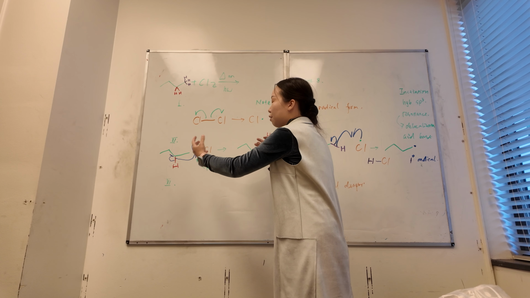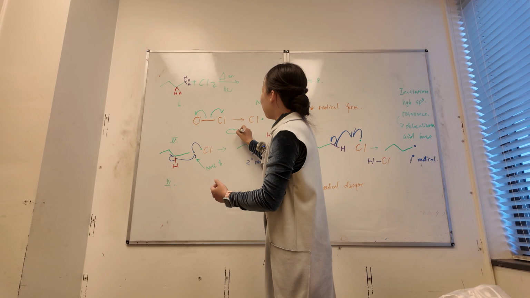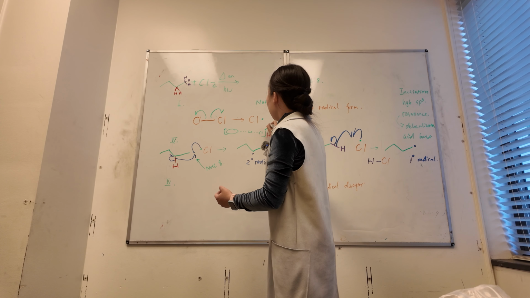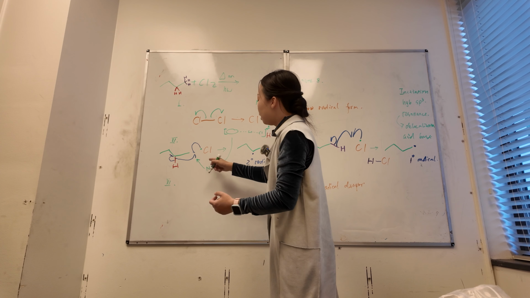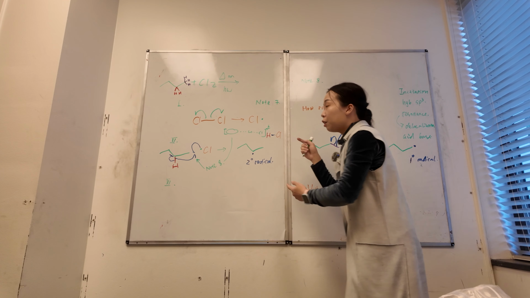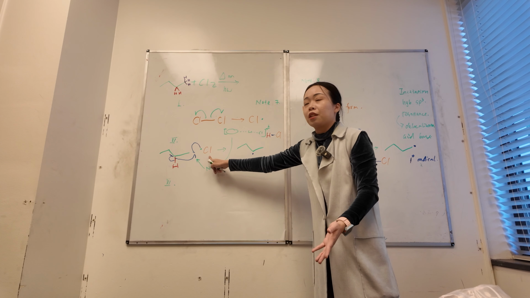That's the first transition state I showed. So this one in note 8, we only look into this in class, and we are comparing if it's not chlorine, if it's something else, what's the difference?